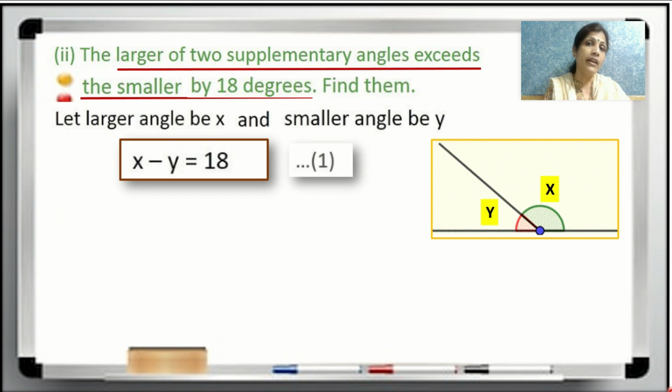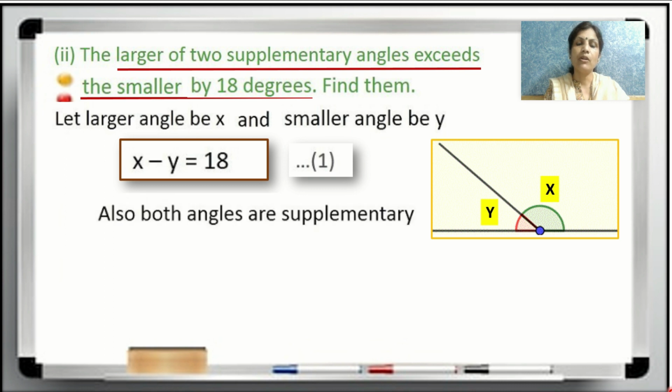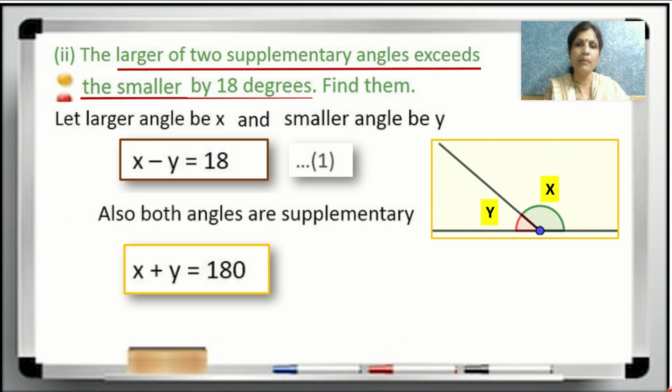But for solving a linear equation in two variables, we need two equations. So what can be our second condition? Our second condition is x plus y is equal to 180, because the angles are supplementary and the sum of supplementary angles is equal to 180, and this we will consider our equation 2. Now you've got both the equations. Now it's easy to solve.